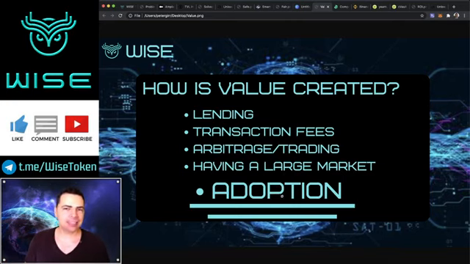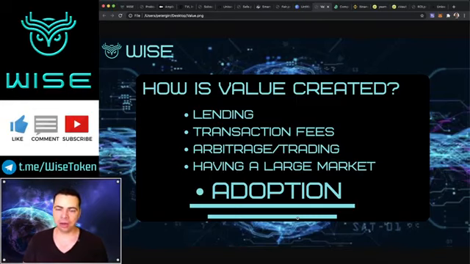But one of the biggest things that's overlooked, I think, in crypto is actually adoption. Because like I just said, having people put more money in your asset is the biggest way to create value. It's really the only way, because it doesn't become more valuable until people buy it. If there was some catastrophic thing that happened in America, and the US dollar became destabilized, and one day everybody decided, I trust the Mexican peso a lot more than the US dollar, I'm going to sell my US dollars and buy Mexican pesos.